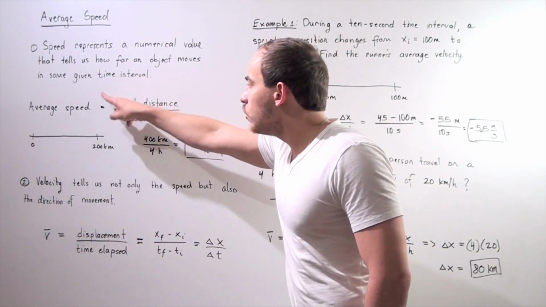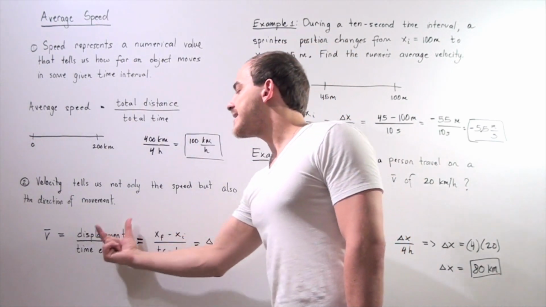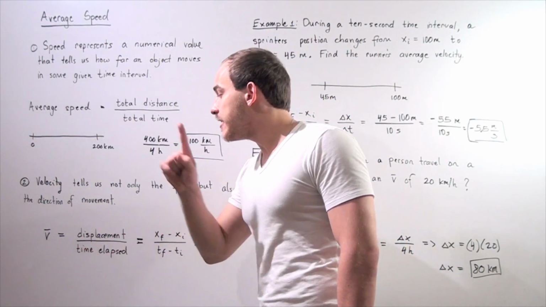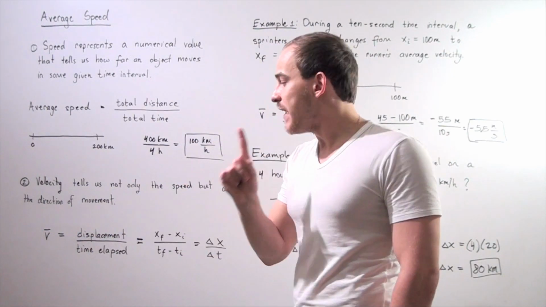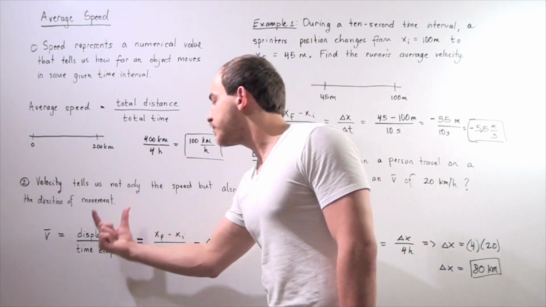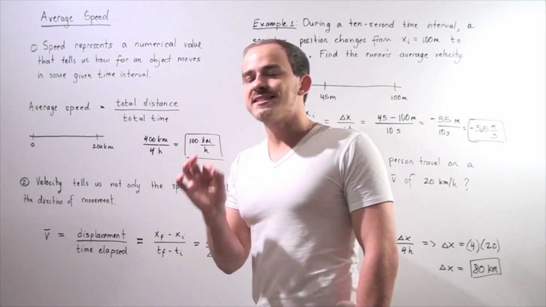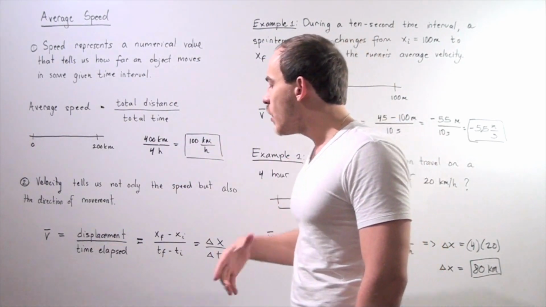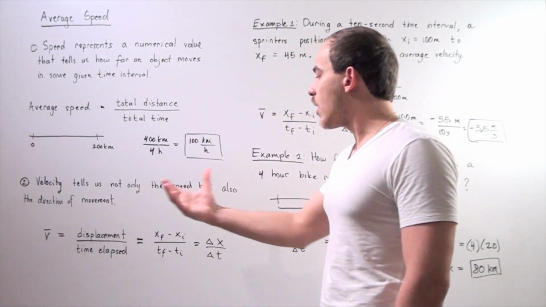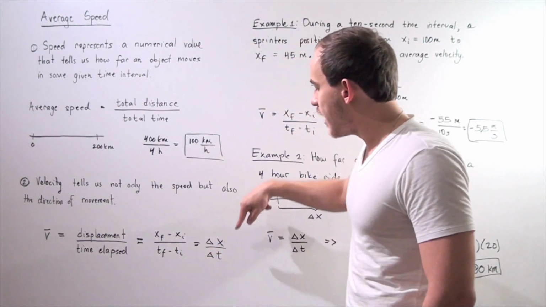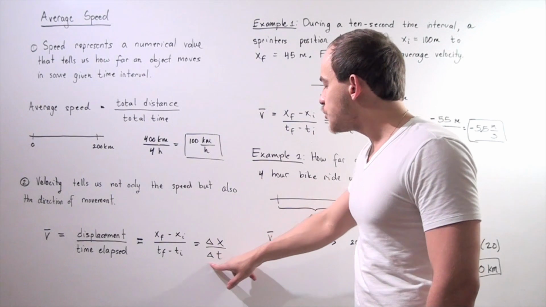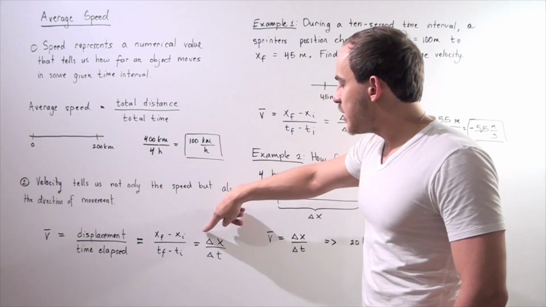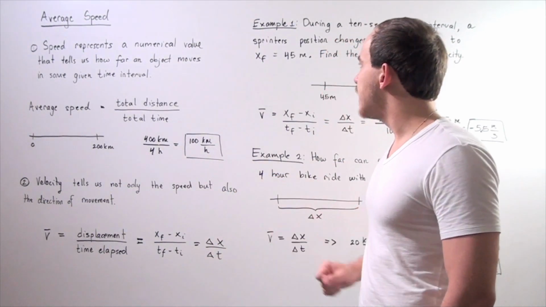Notice, it's no longer our distance, but our displacement, which is different than distance. Displacement also has direction, and in fact, the direction of our displacement and velocity are exactly the same. So, another way to represent our average velocity is the change in x along the x-axis over the change in time. So, displacement and time elapsed.